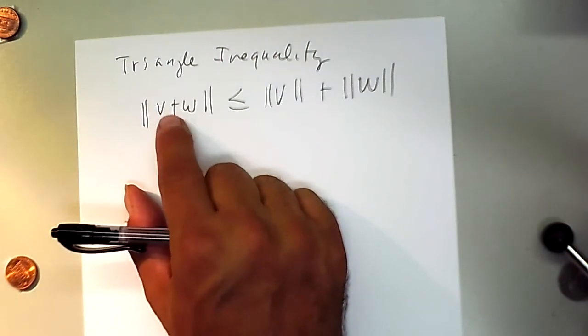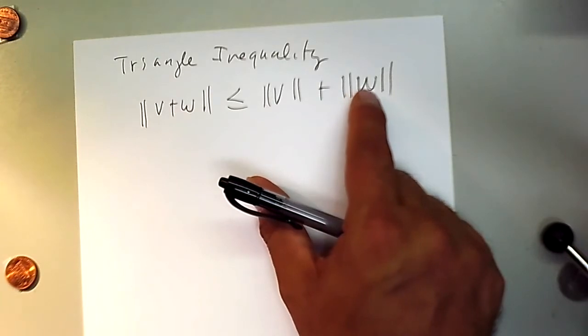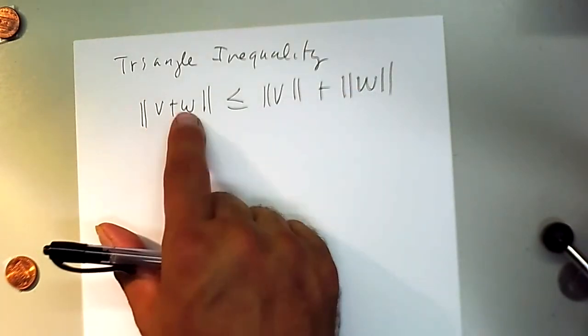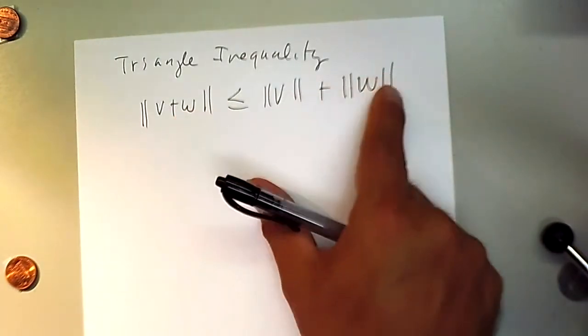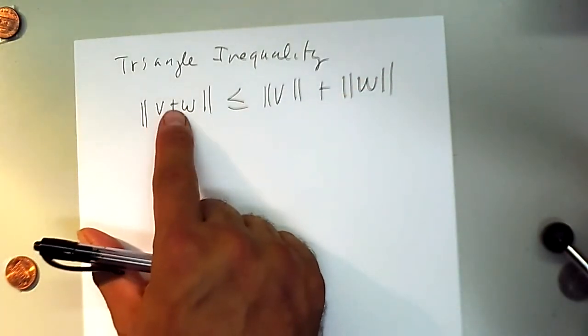This is similar to V minus W. If you use negative W here, then you can just say V minus W, but the magnitude is not going to be affected by the negative. So there is a derivation.